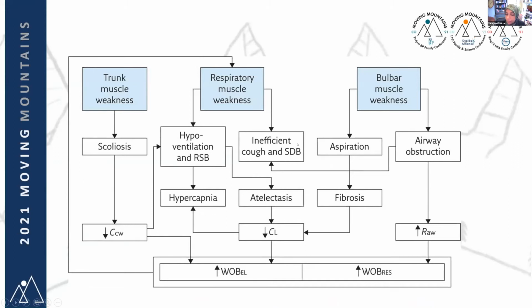If there's an inefficient cough and sleep disordered breathing, that's going to promote more atelectasis, lead to more pneumonias and airway obstruction, and hence the patient's work of breathing increases, affecting their ability and their quality of life.